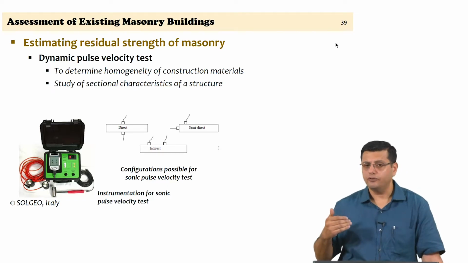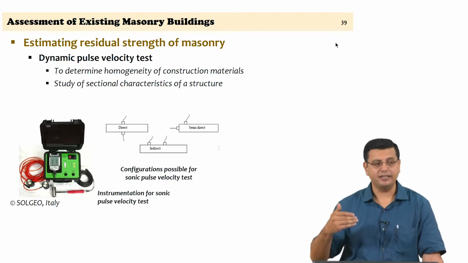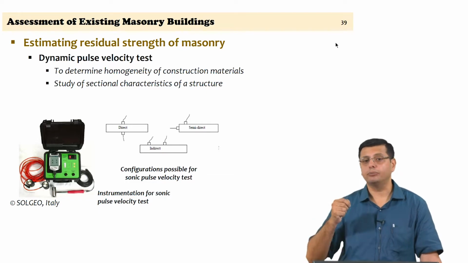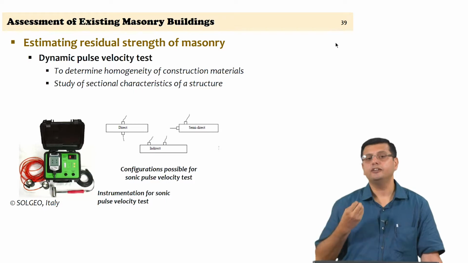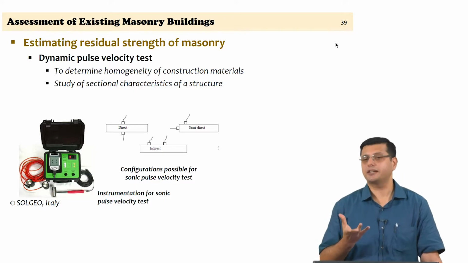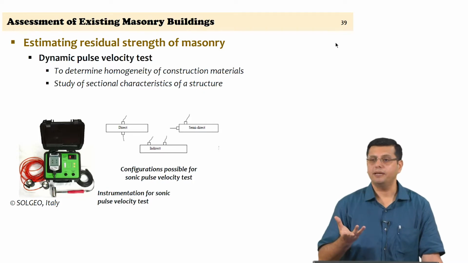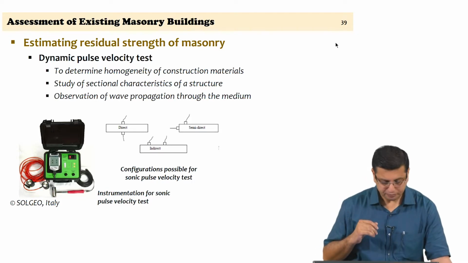And therefore, if you are studying a wall cross section, you are really trying to understand, since the wave velocity is directly proportional to the density of the material, you are getting information on the cross sectional property of the wall or the material that is being studied.